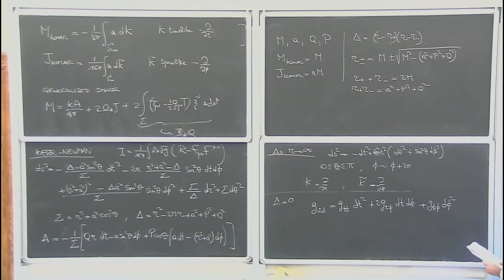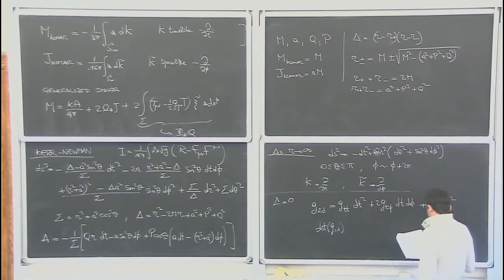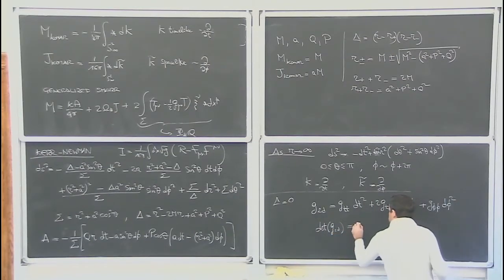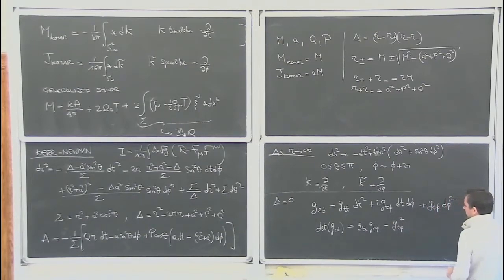And let's analyze this matrix. So the determinant of g 2d is g t t, g phi phi, minus g t phi squared. And as long as this is less than 0, the matrix is non-degenerate and Lorentzian.